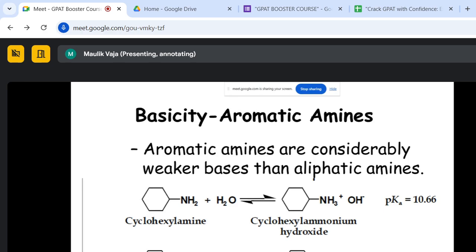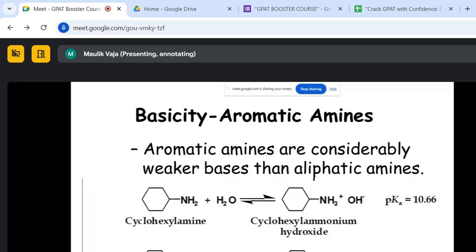Now we are talking about aromatic amine. So we take the example of aniline, para-nitroaniline, and para-methylaniline. Para-methylaniline has some other name, but to understand, we just call it para-methylaniline.